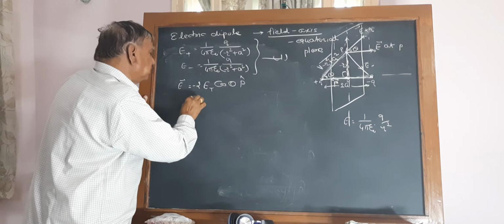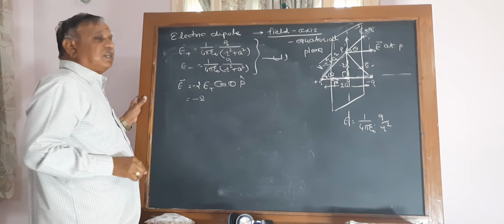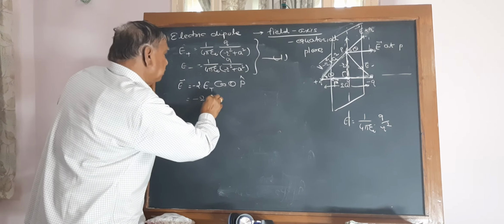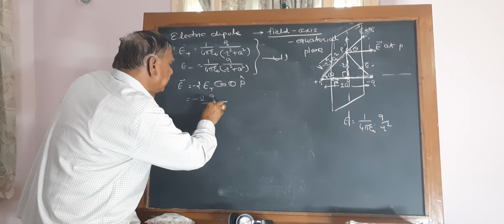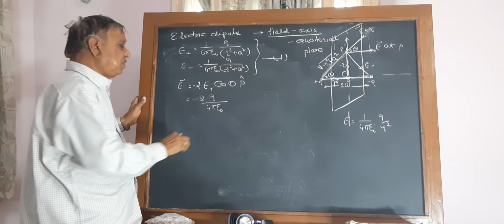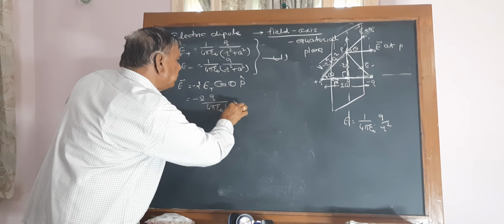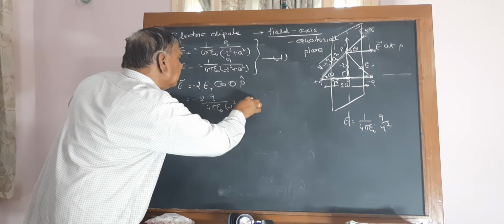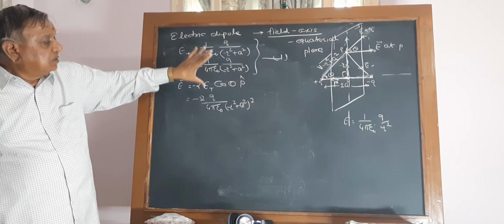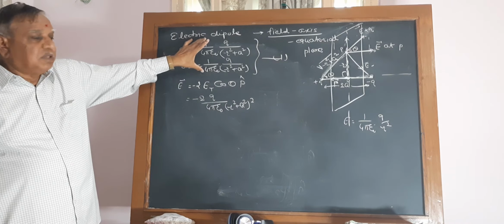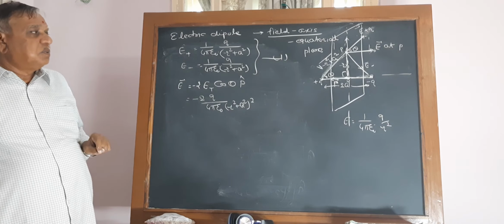Now putting the value, minus 2 E plus, meaning Q upon 4 pi epsilon 0 R square plus A square, into cos theta.